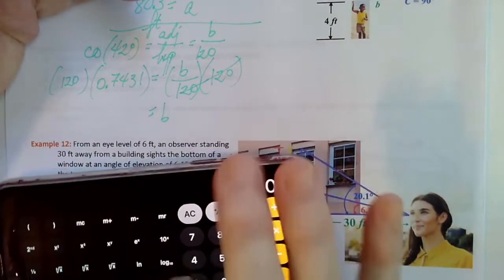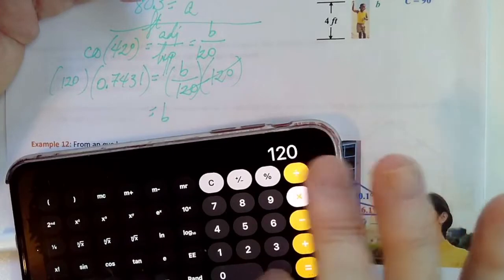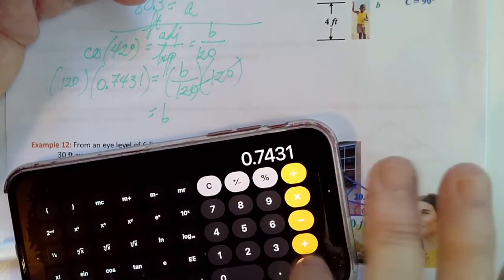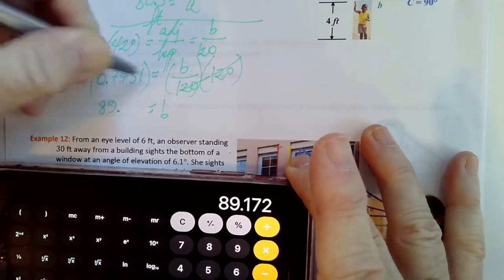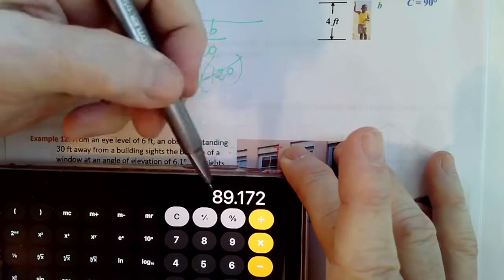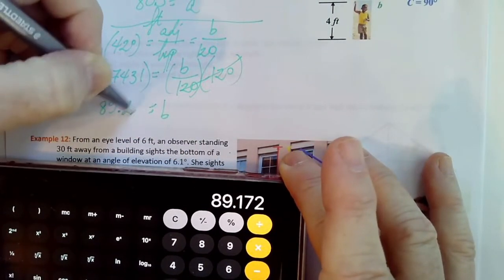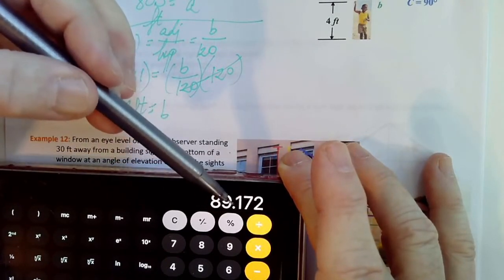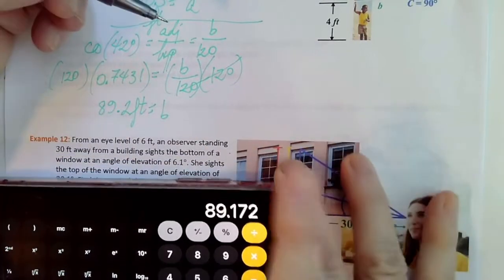And let's see, 120 times 0.7431, I get 89. I'm rounding to one decimal place, so I'm going to round to 89.2 feet. I round up to 2 because the number to the right of the 1 is a 7. 7 is 5 or more, so the 1 becomes a 2.